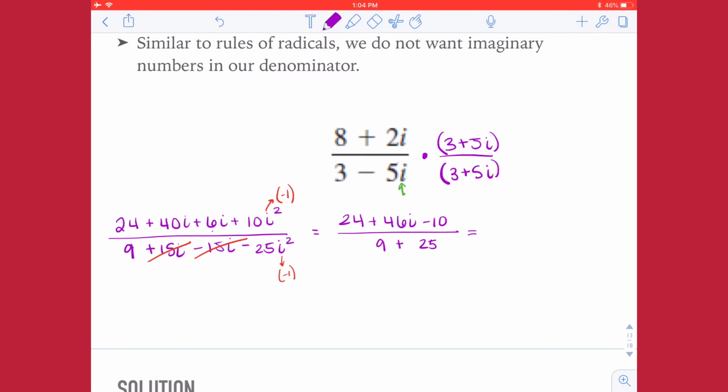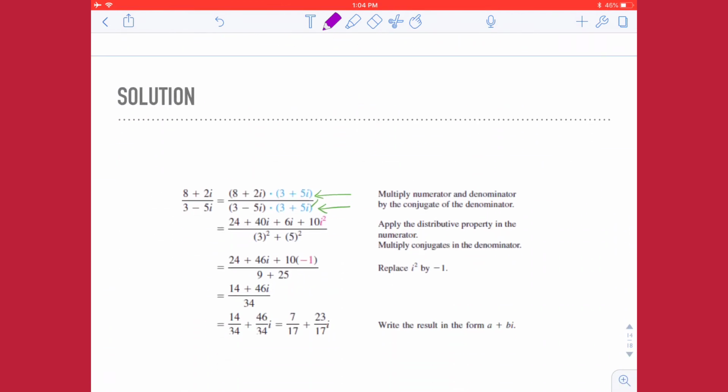If I continue to simplify, I end up with 34 in my denominator, and 24 minus 10 is 14 plus 46i. This is one way that you can write your answer. Of course, we know that we can always simplify.